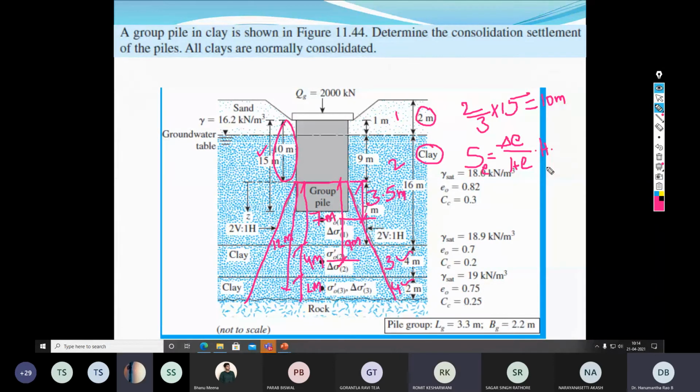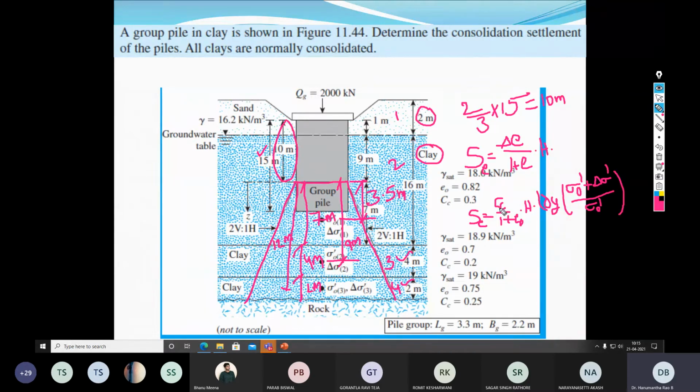Sir, delta H, e naught, Cc, log of final stress upon initial stress. Yeah, so the original equation, if we simplify it, comes out to be Cc by 1 plus e naught into H into log of sigma naught dash plus delta sigma dash divided by sigma naught dash.